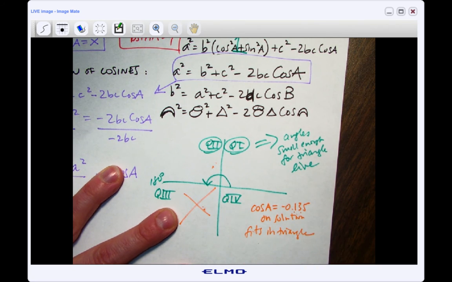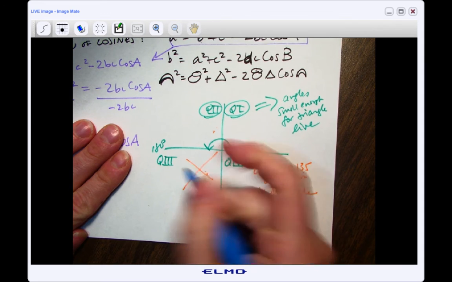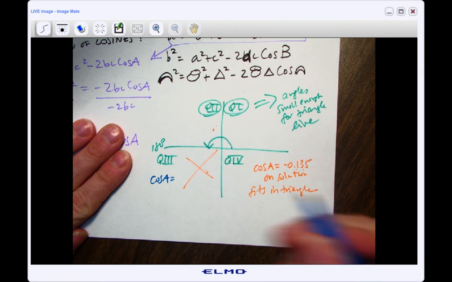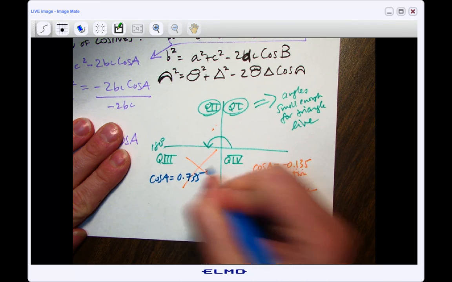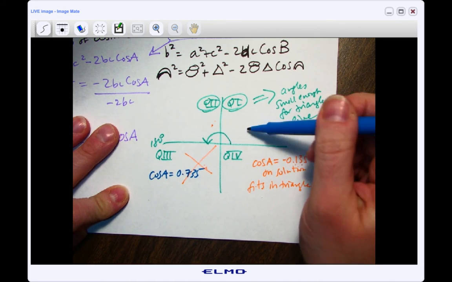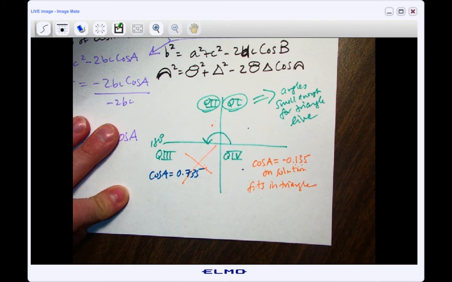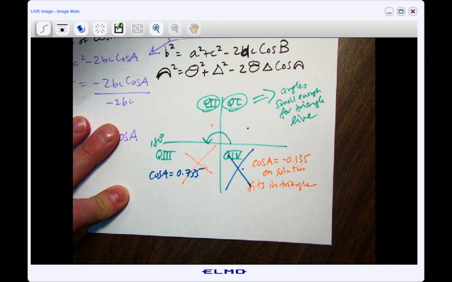Does that make sense? And of course, what would be the other option? You could have like cosine A is equal to 0.735, right? And so since we know that it's positive, it could live in this quadrant or this quadrant. But once again, quadrant 4 doesn't have angles that will fit in a triangle. So you know that it has to be the one in quadrant 1.